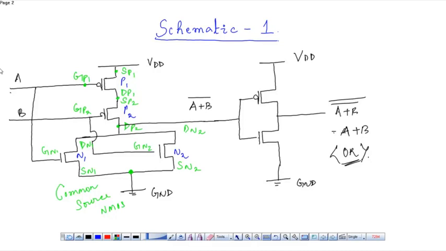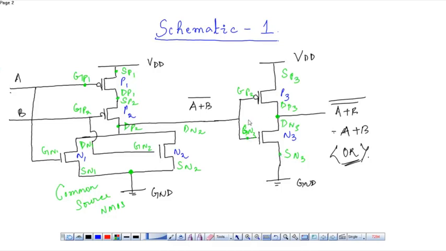So similarly we have, this is our P3 and N3. Let's name the terminals. This is source of P3, gate of P3, drain of P3. This is drain of N3, source of N3, and this is the gate.